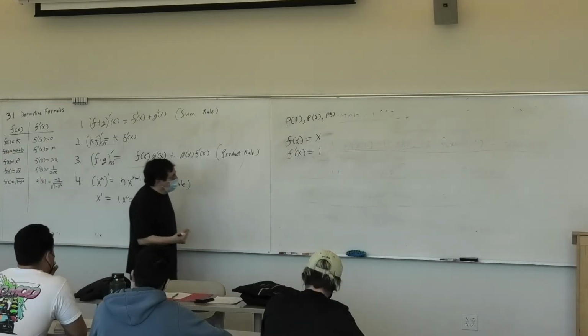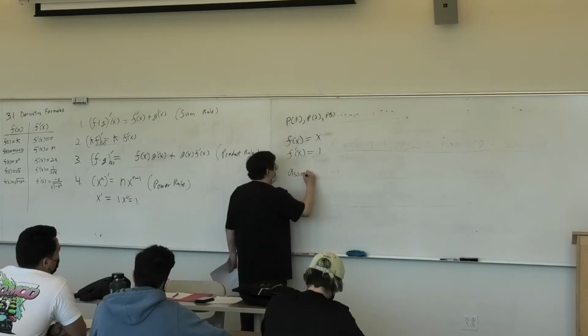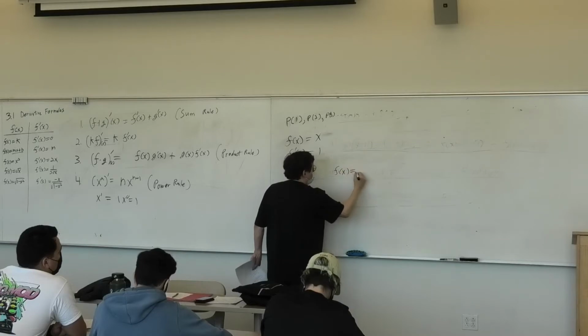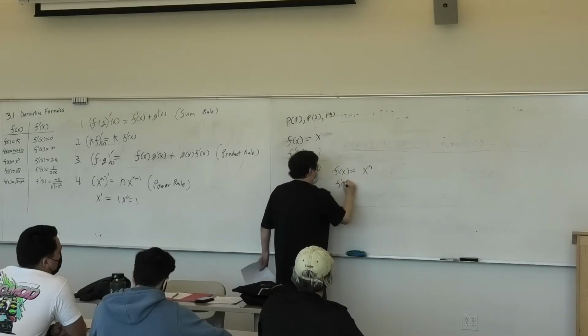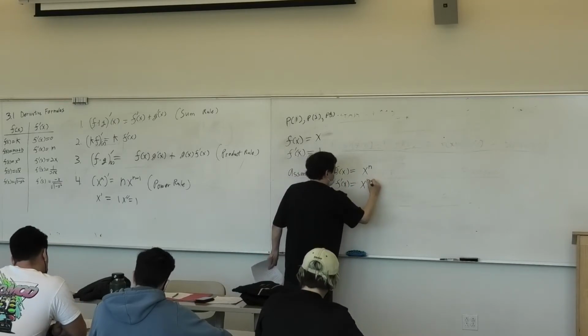Now what we want to know is, assume that f of x equals x to the n, that f prime of x equals n x to the n minus 1.